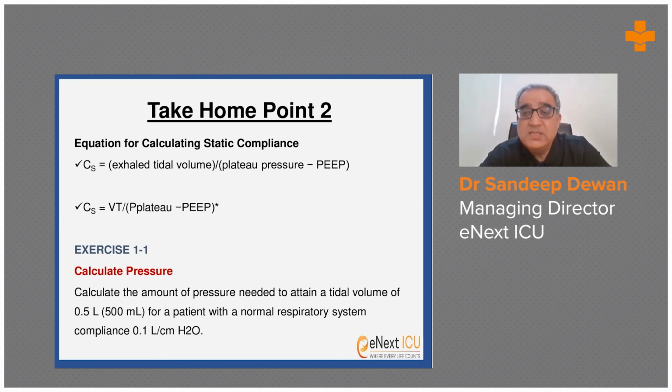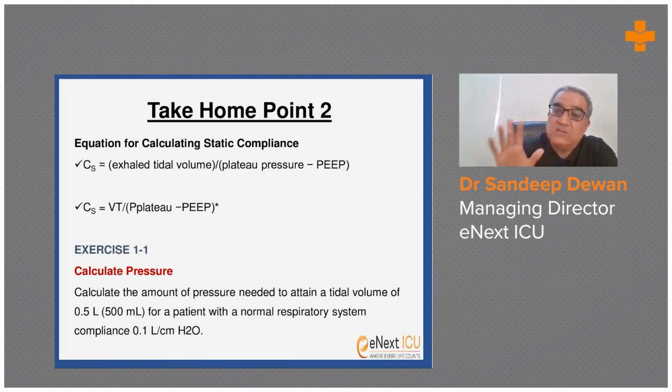Let's say you have delivered a tidal volume of 500 ml with a plateau pressure of 25 and a PEEP of 5. So it's 500 over 25 minus 5, which is 20, and 500 divided by 20 comes out to be approximately 25. So the compliance of the lung is 25, which is not normal, but you should know that this is how we calculate.